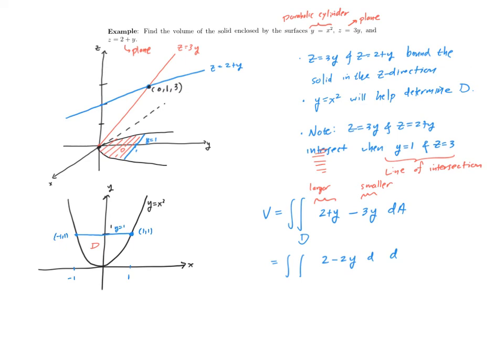You could view this as either a type 1 or type 2 region, but most conveniently we can think of it as a type 1 region, where on the outside we have the x values varying from minus 1 to 1, and if you pick your favorite value of x between minus 1 and 1, the y values vary along these vertical lines, going from the smaller curve, y equals x squared, to the larger curve, y equals 1.